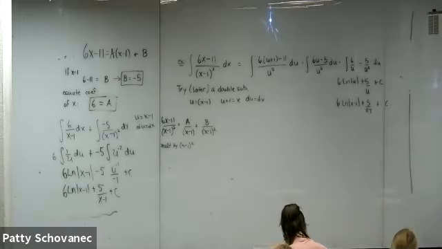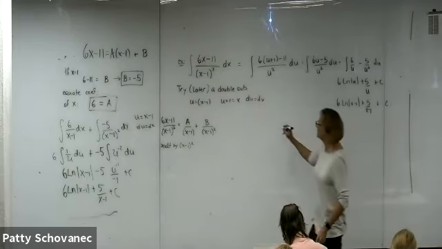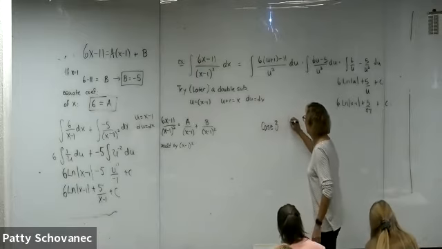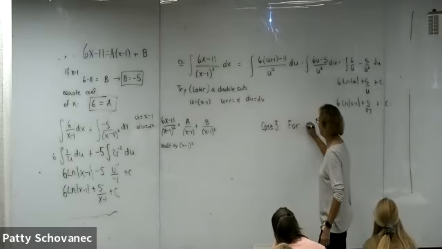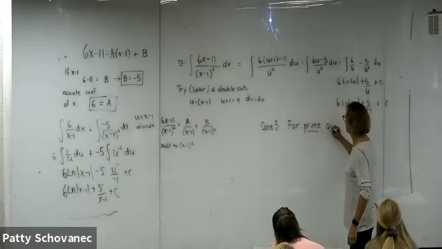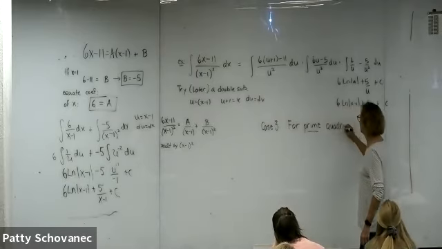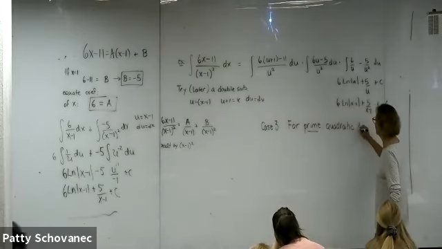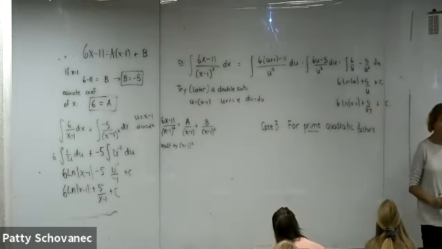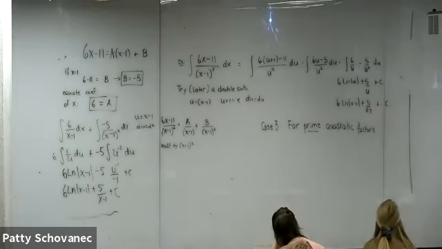So let's look at what happens if you have quadratic factors. So case 3, for prime quadratic factors. An example of a quadratic factor is x squared minus 1.